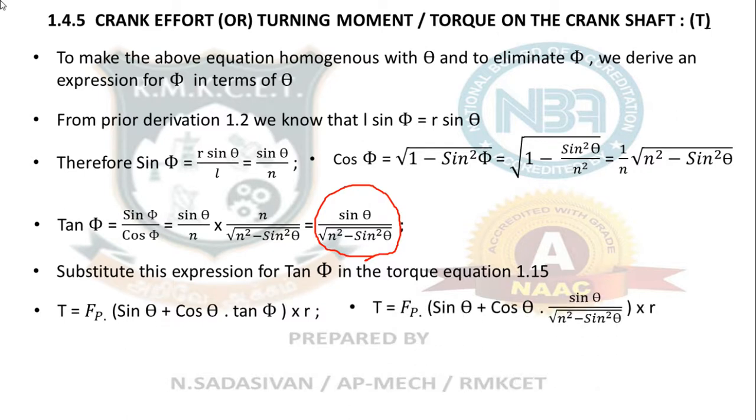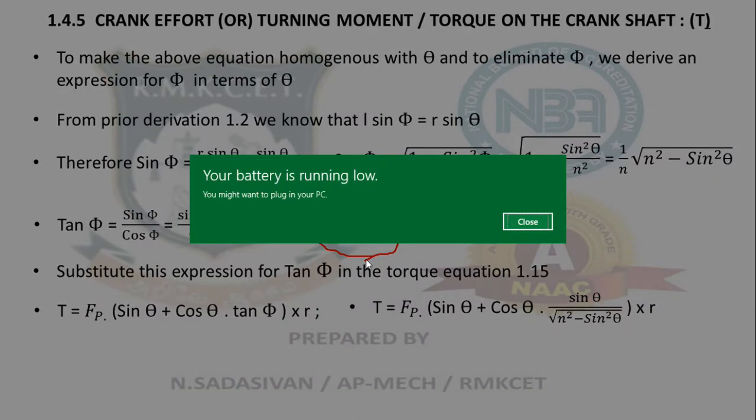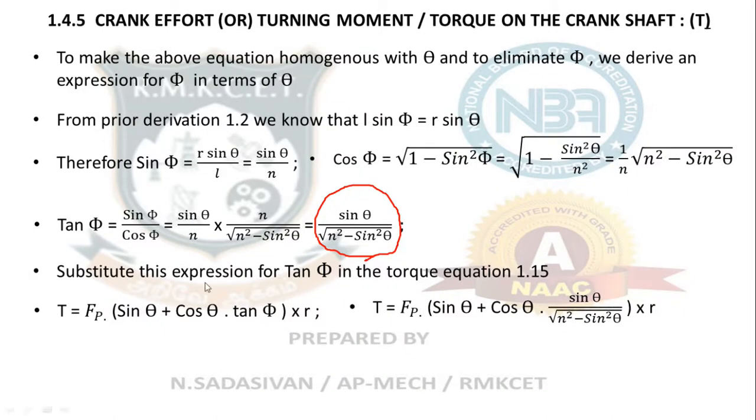So T is equal to Fp sin theta plus cos theta into tan phi into R. In place of tan phi, you just substitute directly here. Everything else remains the same. T equals Fp into sin theta plus cos theta into sin theta by root of n square minus sin square theta, into R.